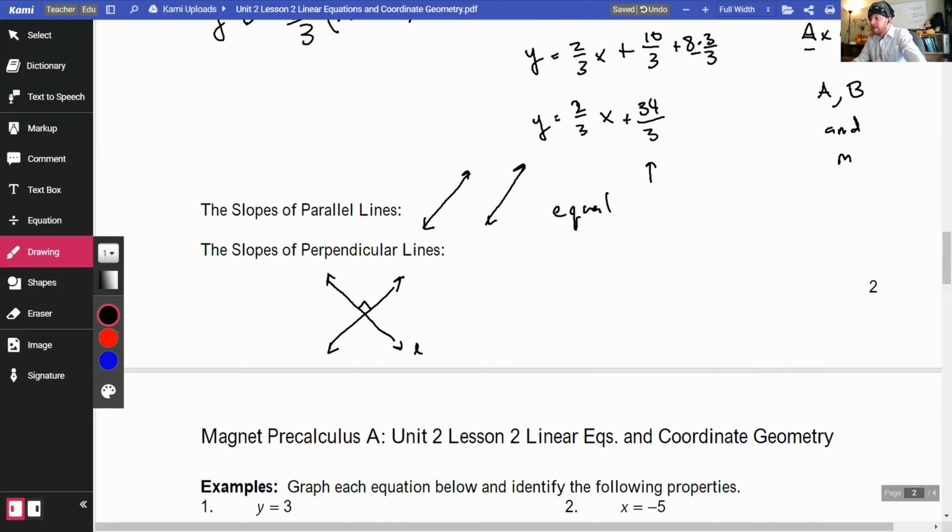Let's say line L and line Z. If line Z has slope A over B, where A and B are any numbers, then the slope of line L is the negative reciprocal, as long as B is not 0.